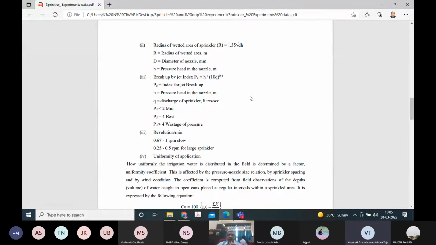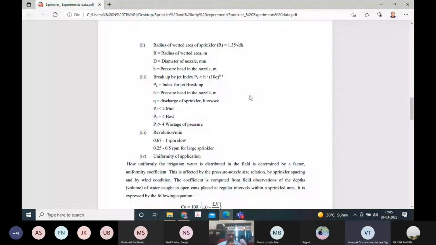H, as I told you, is the operating pressure or pressure head at the nozzle, in meter. PD is the index, and Q is the discharge of the sprinkler in liter per second. Now if you substitute the values, if you have the value of H, the pressure, and the discharge, then you find out the PD value.